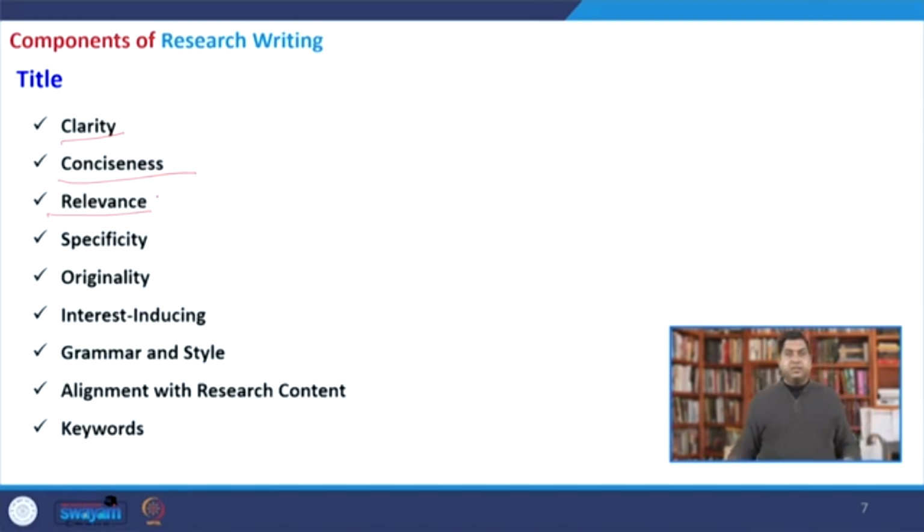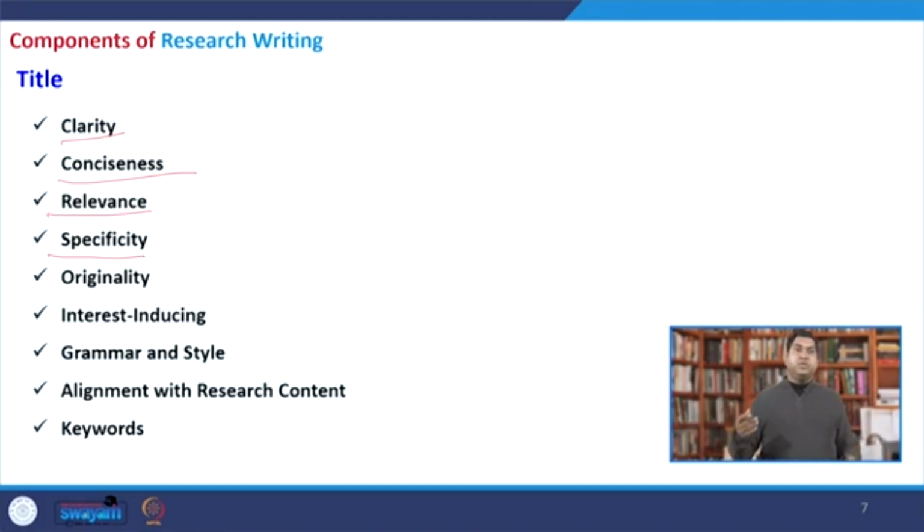Then the relevance, right? Obviously it should be concise, but at the same time it should not lose the essence, so that people reading the title will understand what is inside. Then it should be very specific. It should not be just expanding a title and making it very broad.